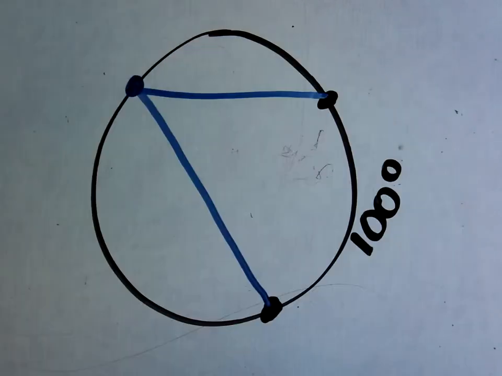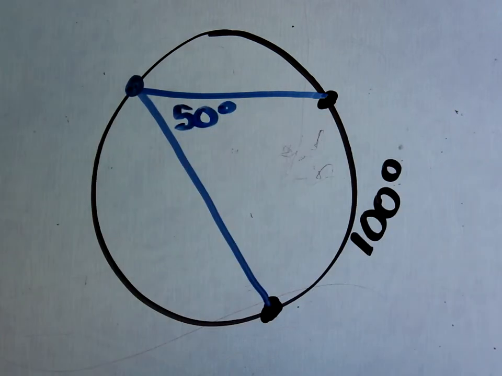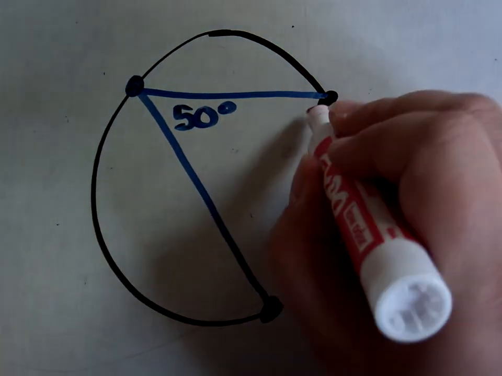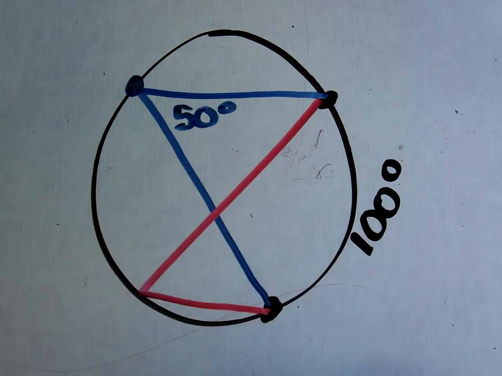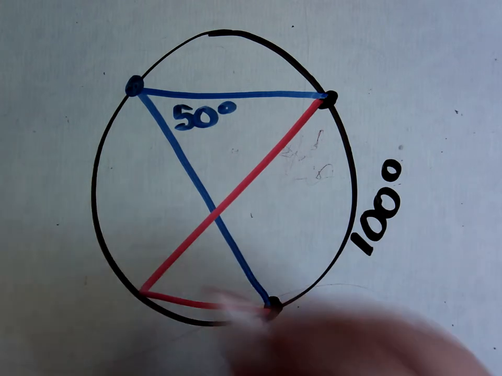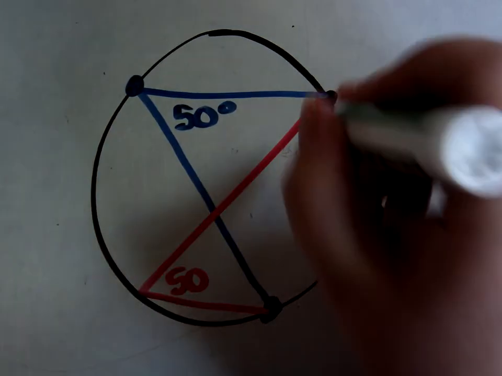And this is an inscribed angle. So half of 100 degrees is 50. If I draw a different inscribed angle that also intercepts that arc, it also has to be half of 100, so it also has to be 50. This is true no matter where I put it. I can put it anywhere on the circle.